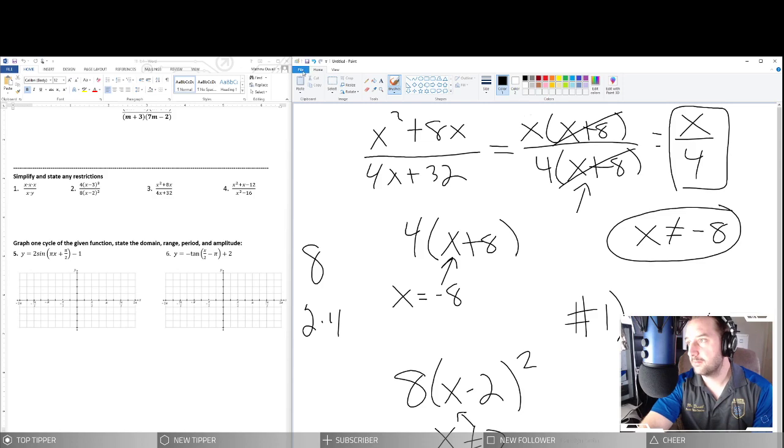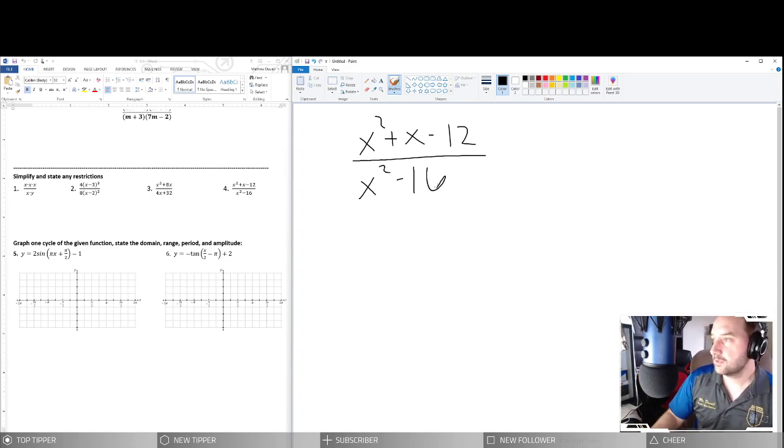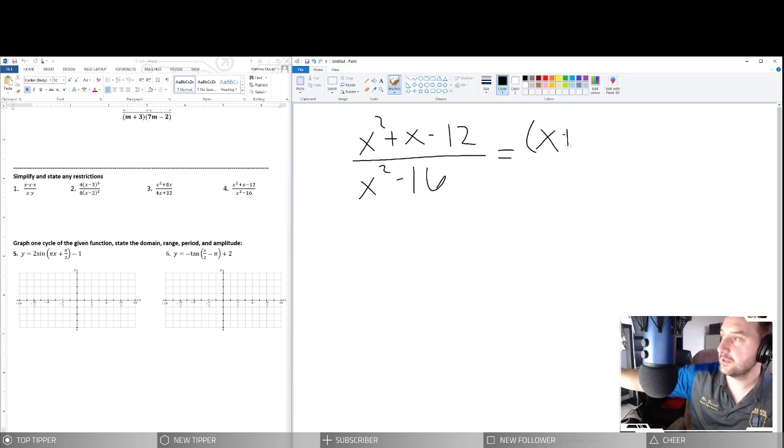All right, number 4. So we have x squared plus x minus 12 over x squared minus 16. So to see if it simplifies, I have to factor this. So if I factor this, I'm going to get the top factors into x plus 4 and x minus 3.